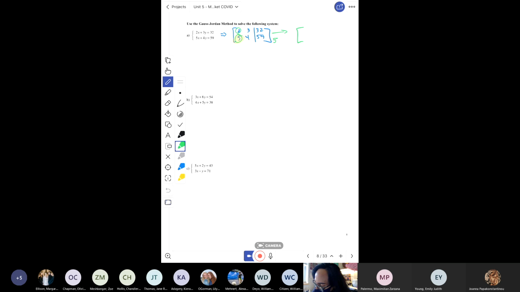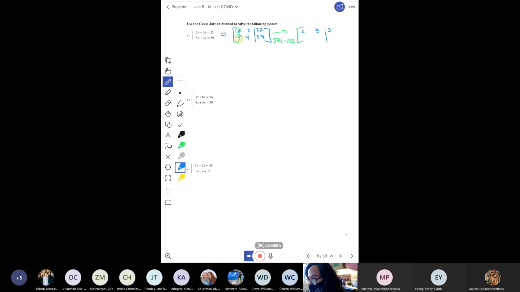Yes, so 5 times row 1 minus 2 times row 2. Okay, so the first row didn't change. And what is my new second row? Performing that row operation, take 5 times the value in row 1 and subtract 2 times the value in row 2.